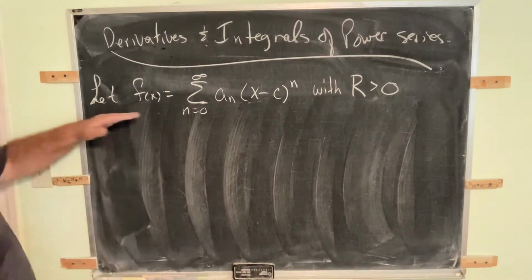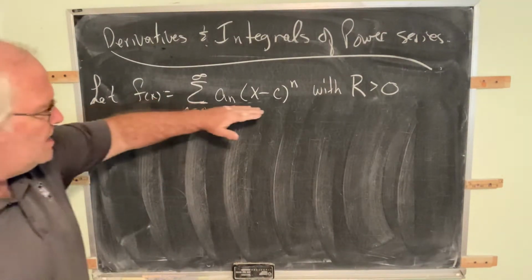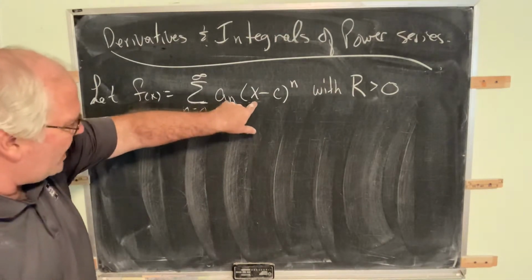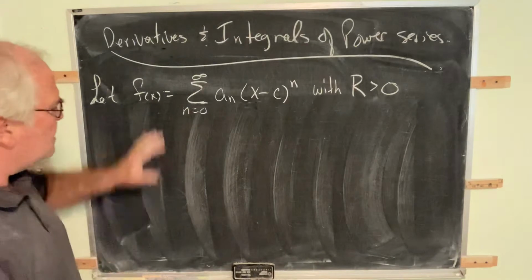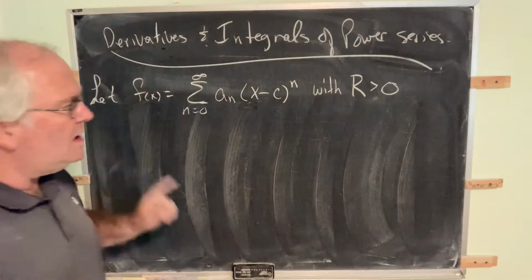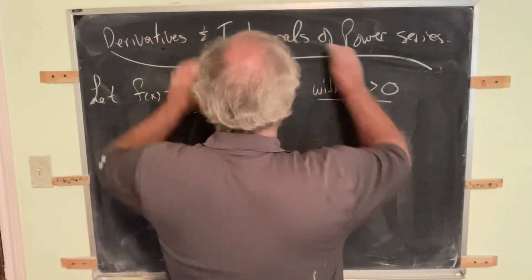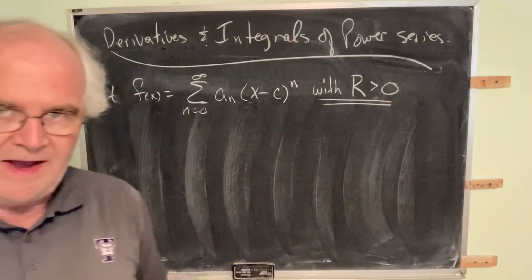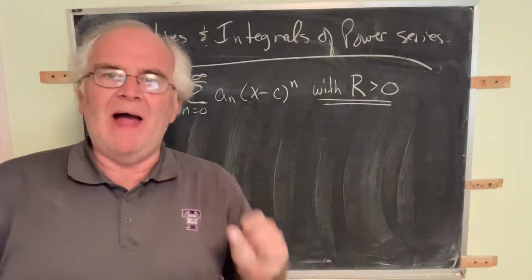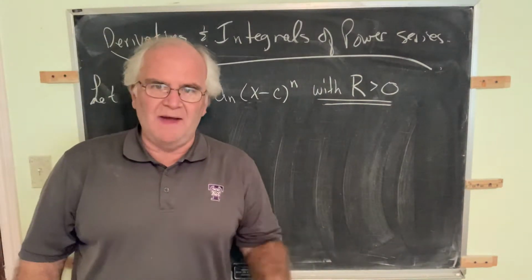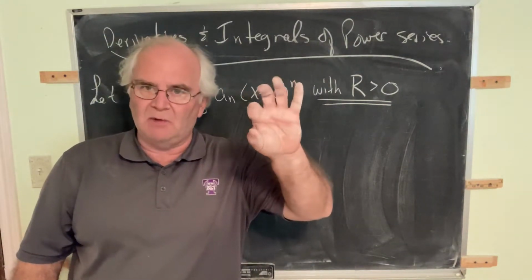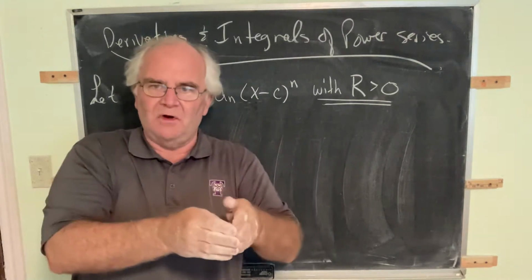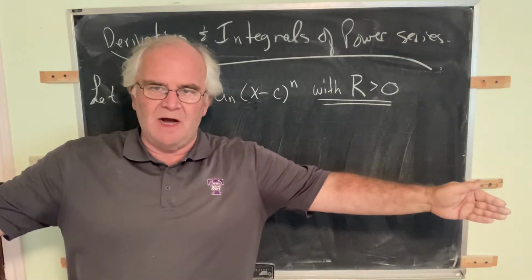So, suppose we have a function which is a power series. Remember, depending on the value of x, when we substitute the value in, this will converge or not. This is a function of x. We need to assume, in everything we do here, that the radius of convergence is greater than 0. Remember, a power series has exactly one of three possibilities. It converges only at a particular point, it converges on an interval of finite length, or it converges on the entire real number line.